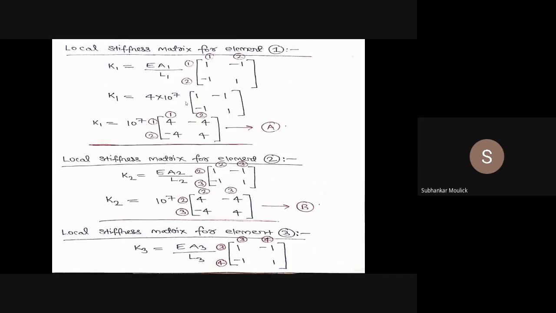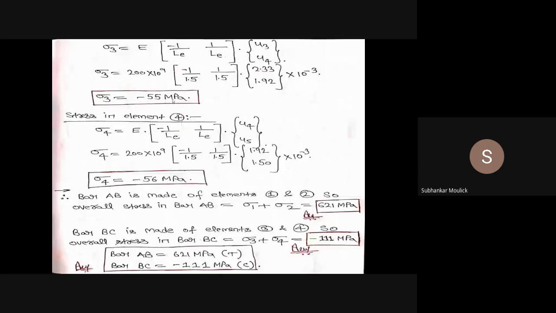So I can write the governing algebraic equation as F is equal to K into U. K is nothing but the global stiffness matrix. U is nothing but the global displacement vector matrix.